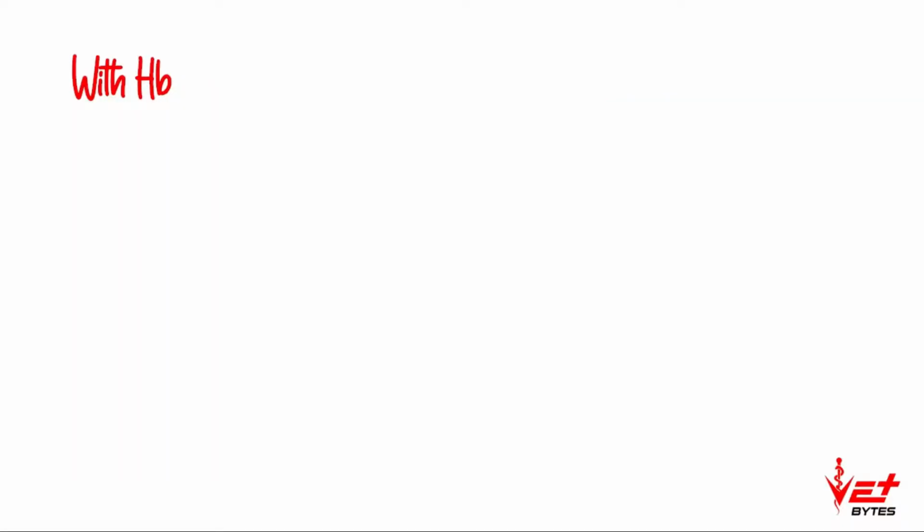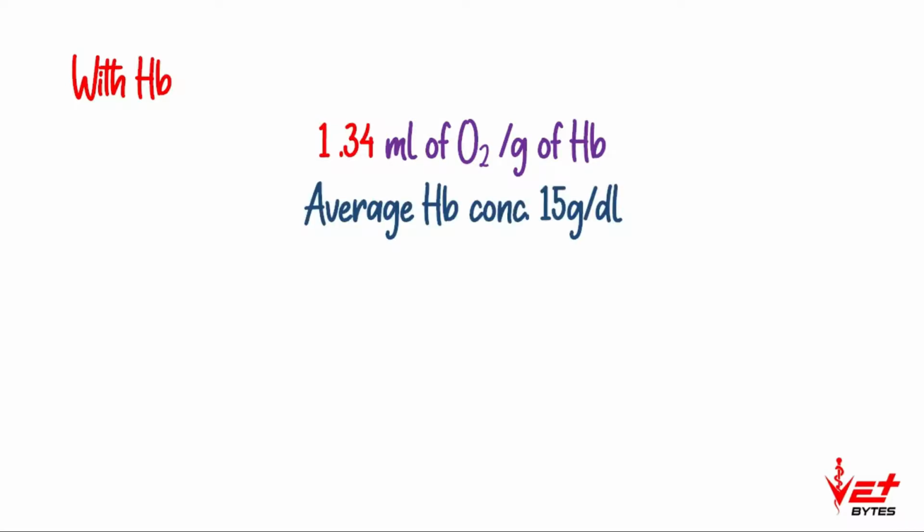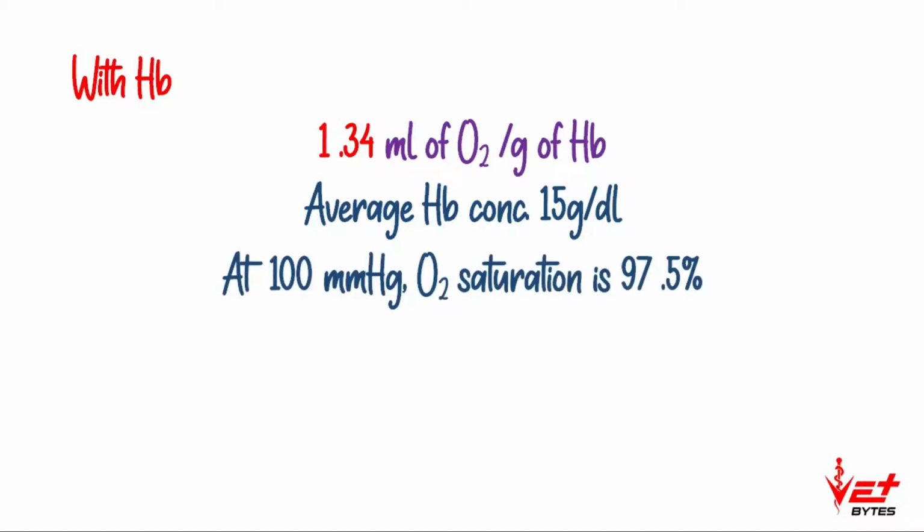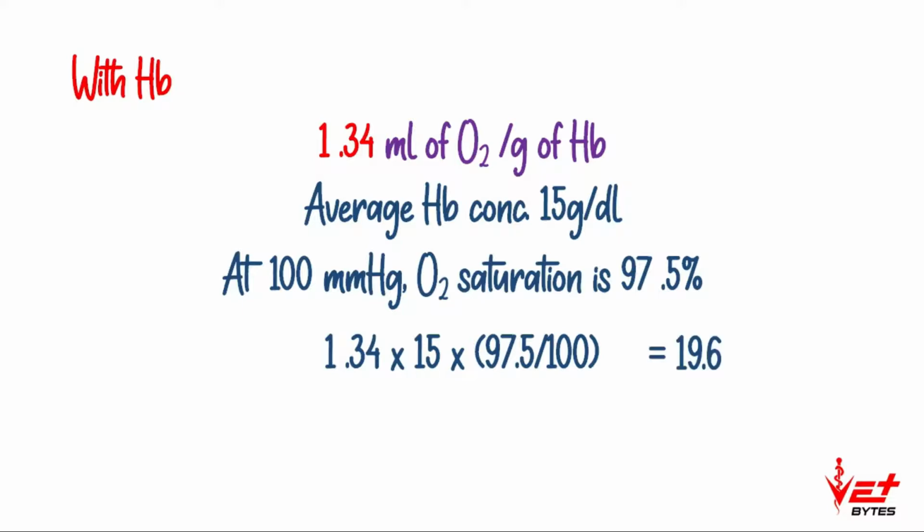For the transport of oxygen with hemoglobin, 1 gram of hemoglobin can transport 1.34 ml of oxygen, and we know that blood contains 15 grams of hemoglobin per deciliter, and oxygen saturation at 100 mm mercury is 97.5%. So the amount of oxygen that can be transported with hemoglobin is 1.34 × 15 × 97.5 / 100, which gives 19.6.